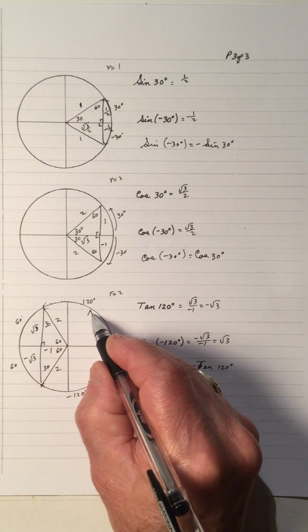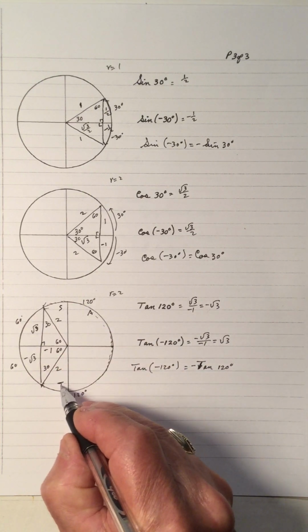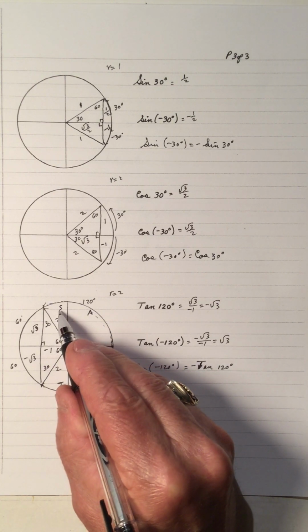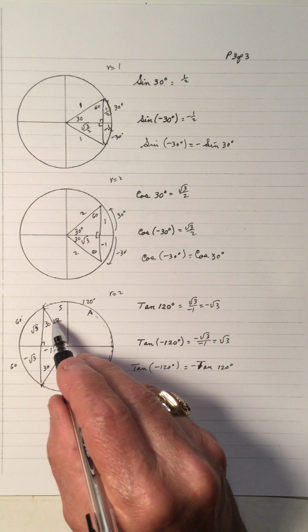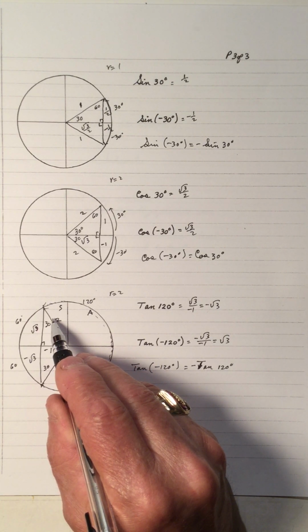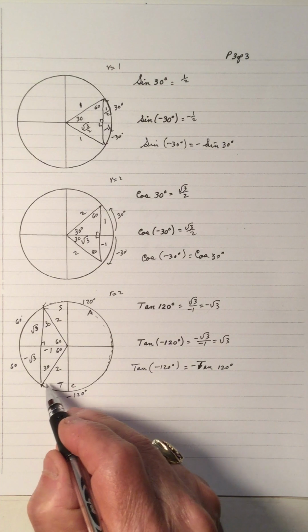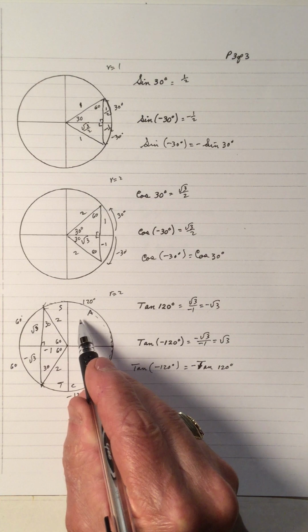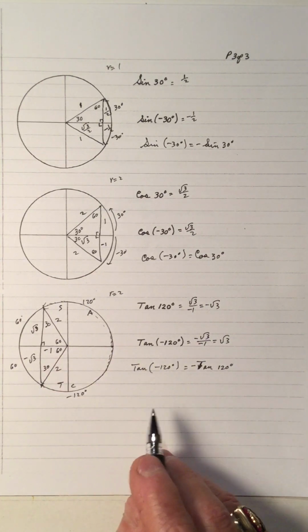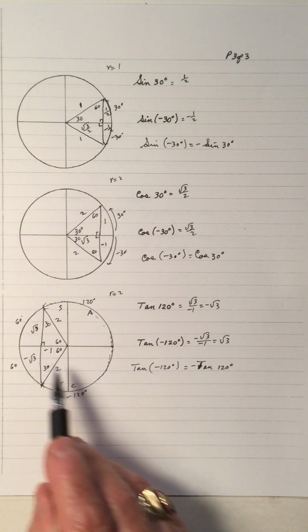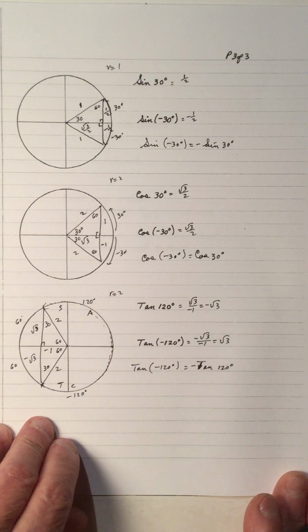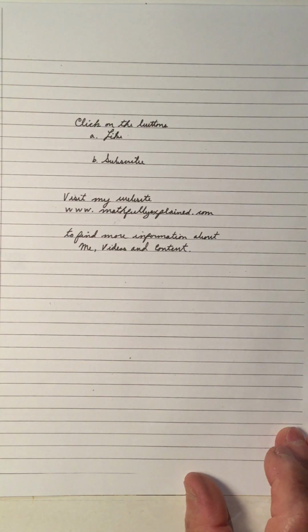Remember, add sugar to coffee. All trig functions are positive here. Sine and cosecant are positive here, so that means tan is negative. And right here, tan is positive. So you can see that tan is positive in 1 and 3, so it's negative in 2 and 4. That's why the positive rotation and the negative rotation are the negatives of each other in terms of the tan here.